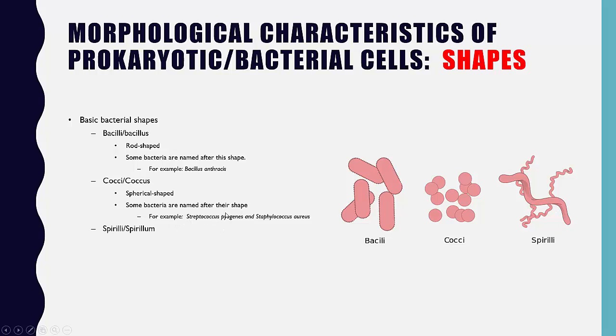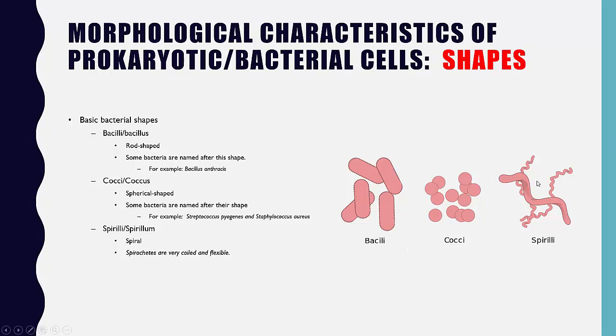All right. Another shape is kind of a corkscrew shape. And these are the spirilla or spirillum, singular, and they are spiral. Now there's different kinds of spiral shapes. Some are rigid spiral shapes, and some are very flexible. I like to talk about the flexible kind because these are considered spirochetes.